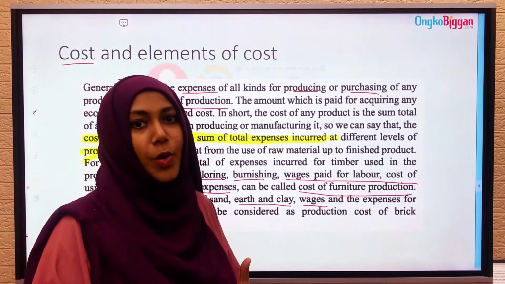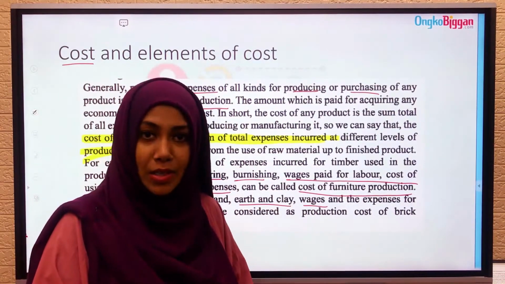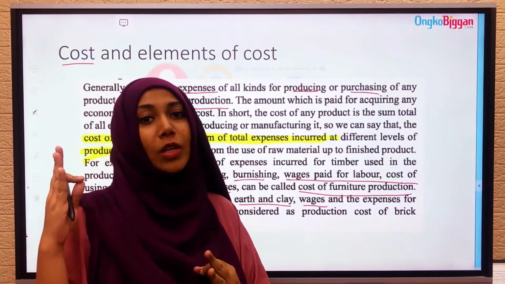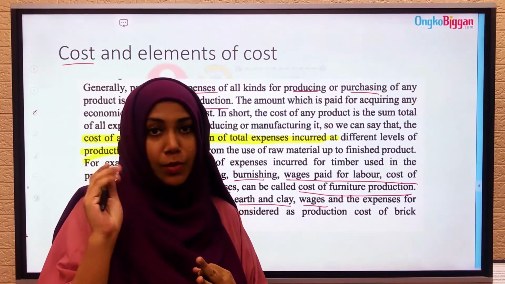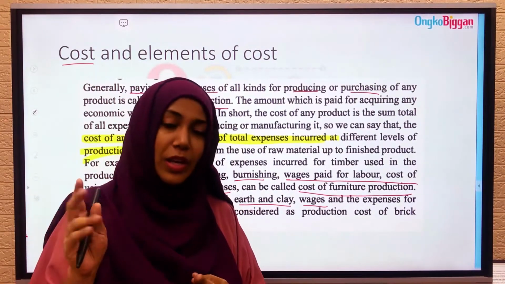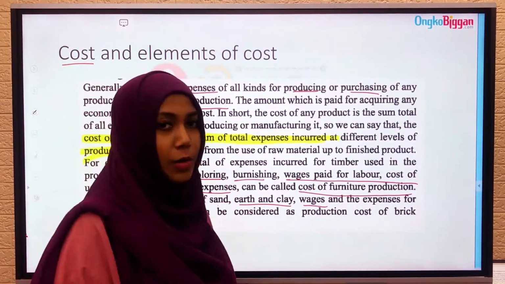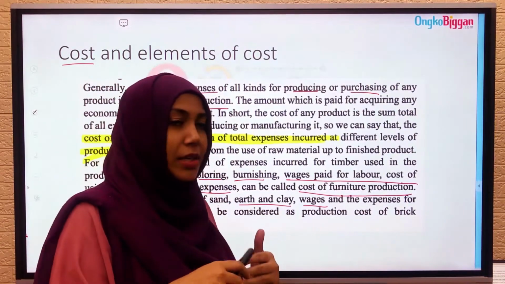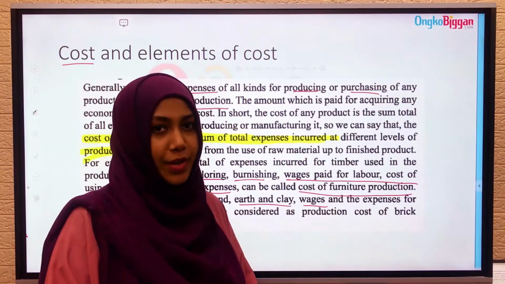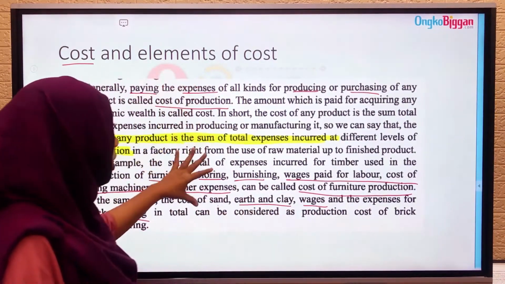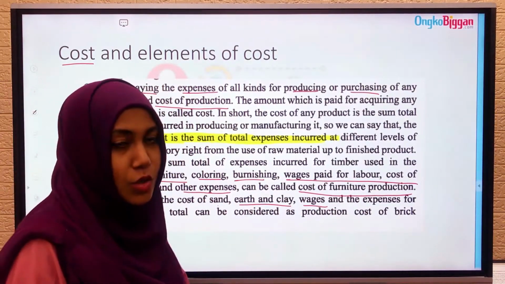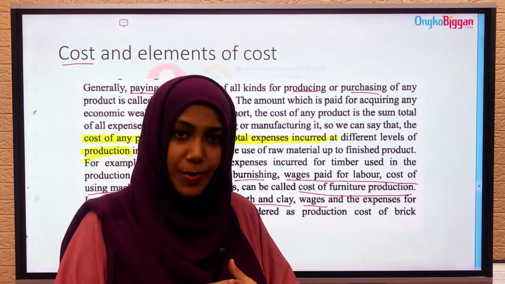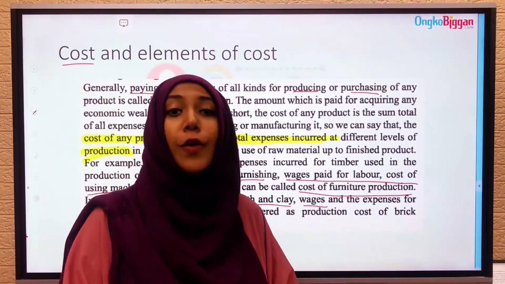After adding all the direct expenses, in short, the cost of goods production or purchasing, we are saying cost of production. All the direct expenses will be included in the cost of production. This is all about the cost I'm talking about.